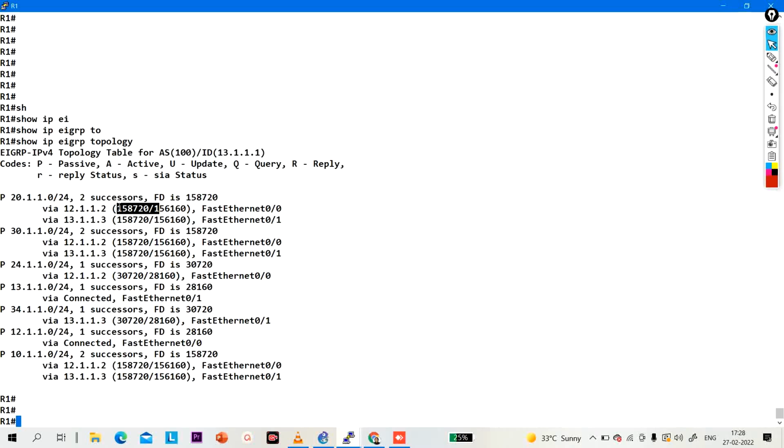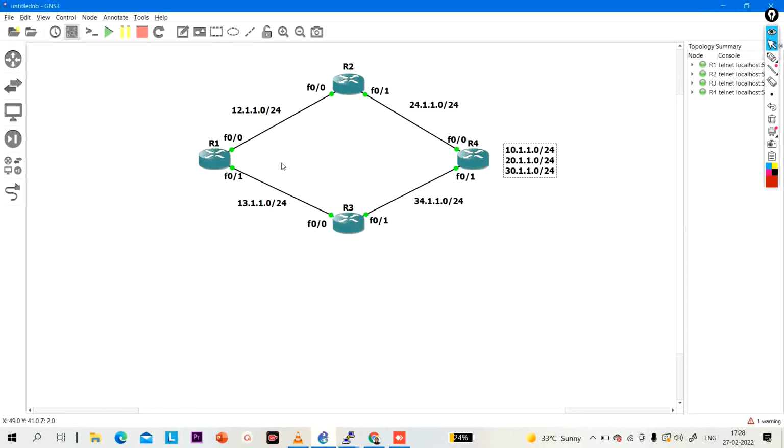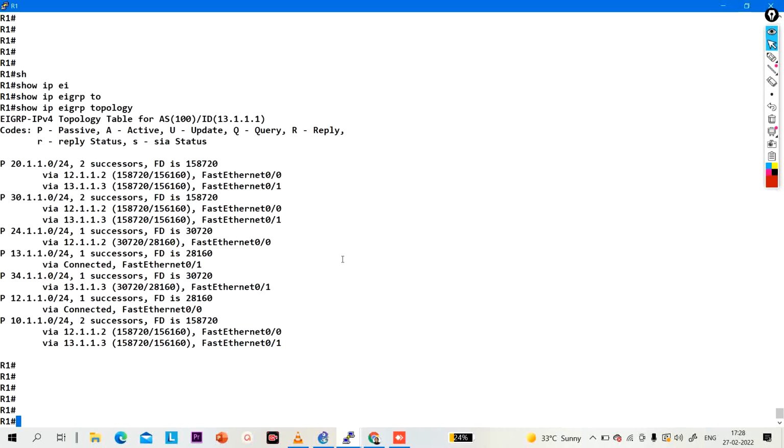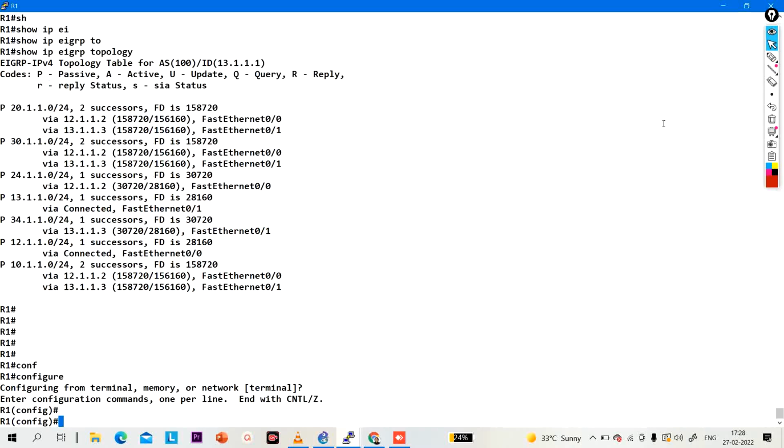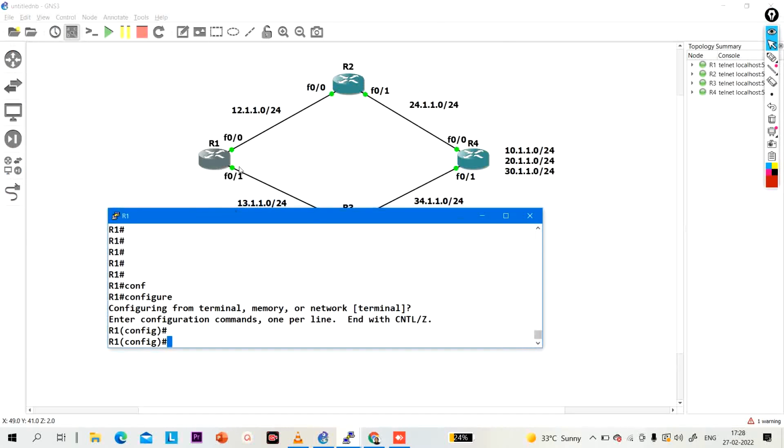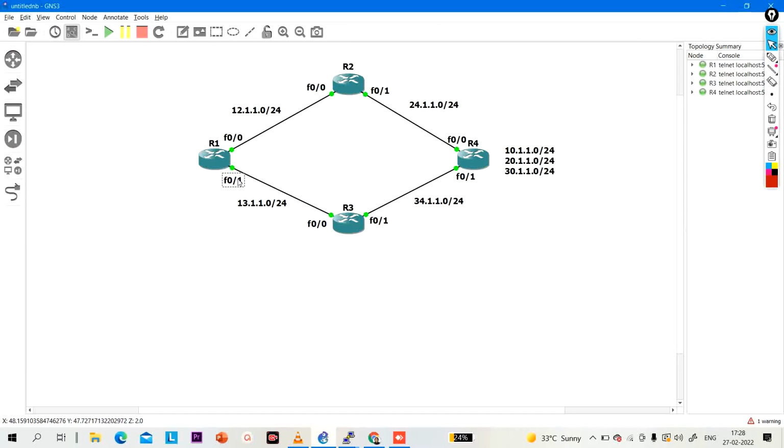The other routing protocol, OSPF, is also performing equal cost load balancing in the same way, right? But guys, let me change the bandwidth or delay of this interface, or we can change this interface as well, right?